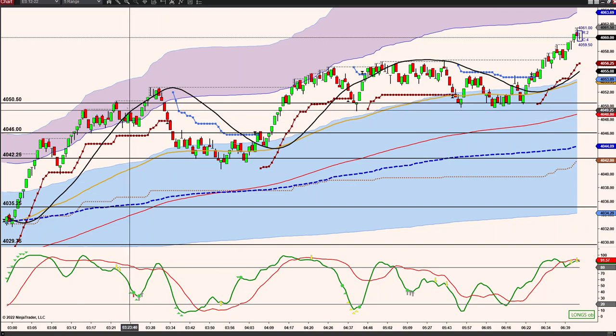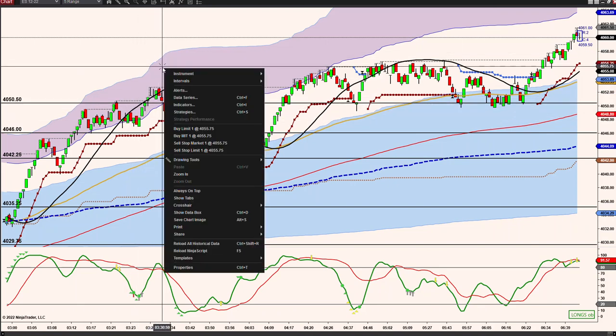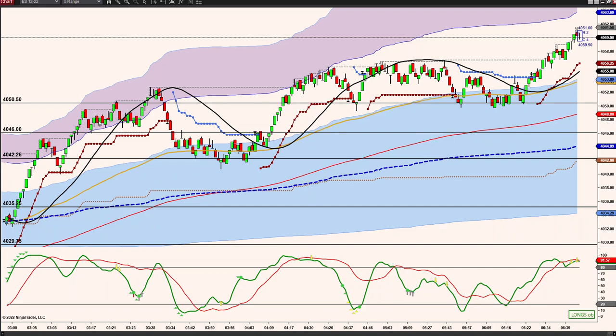Remember, what was resistance, once price trades through, it then becomes support. So what I mean by that is, right here, you can see it comes up, gets stuck, that becomes resistance, trades through, and it manages to trade back down, and then it's meandering all over again.